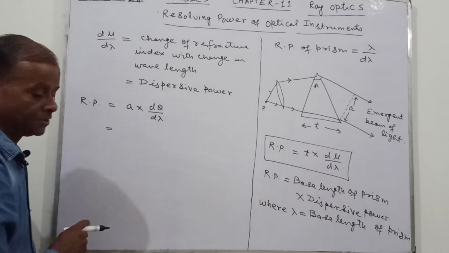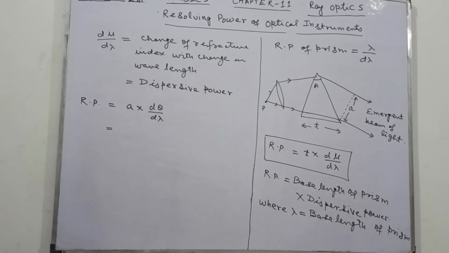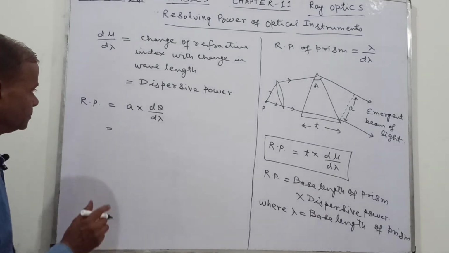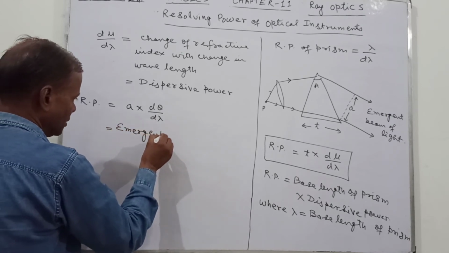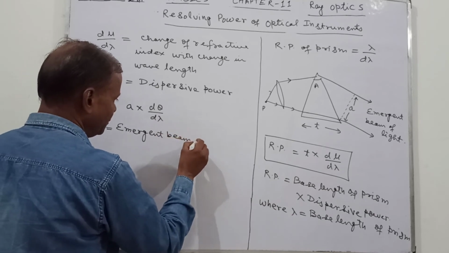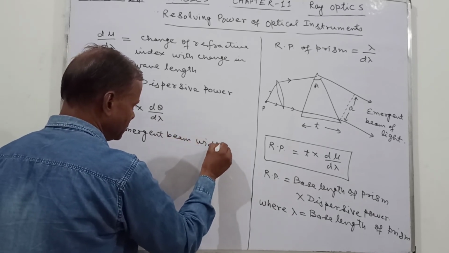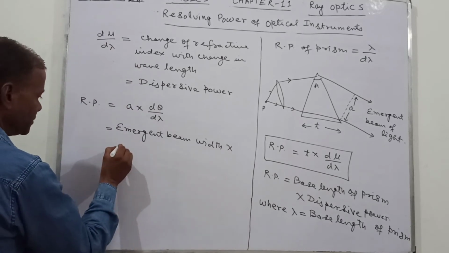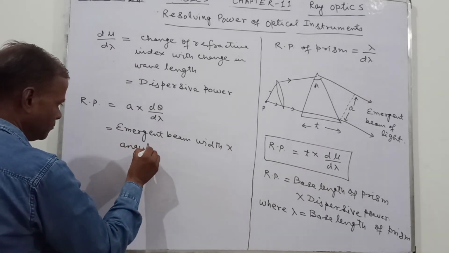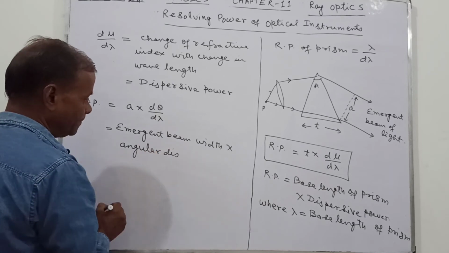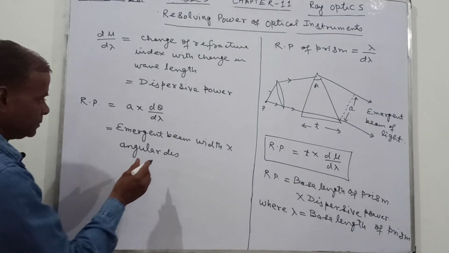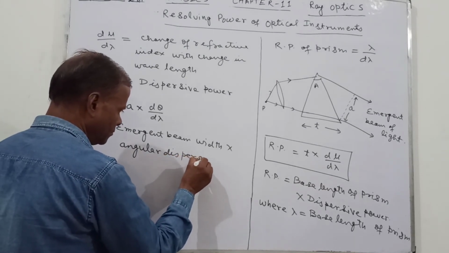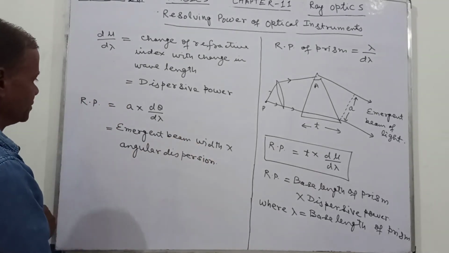A is the width of the emergent beam, into the angular dispersion.